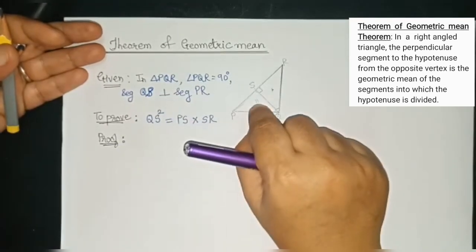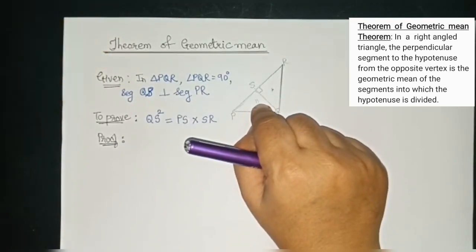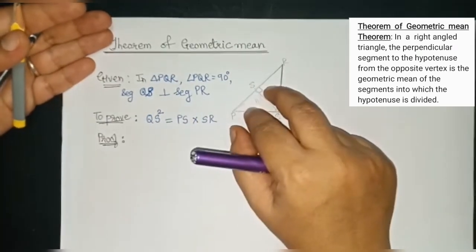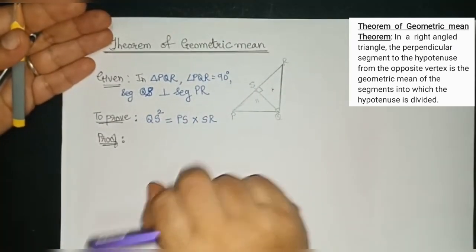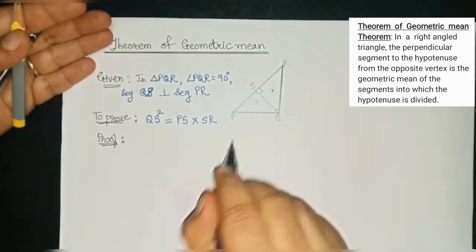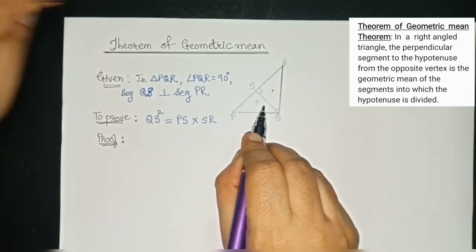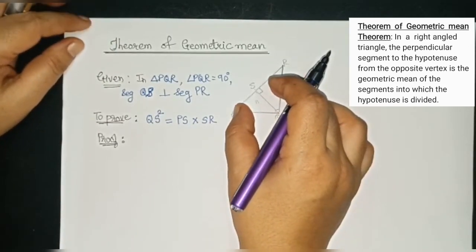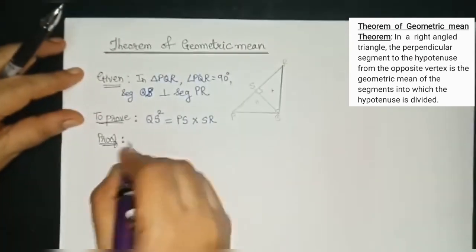And the third thing that we have proved in the previous theorem is that these two small triangles are also similar to each other. This third thing which we have proved in the similarity of right angled triangle, we are going to use here.